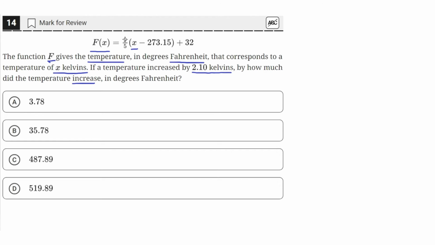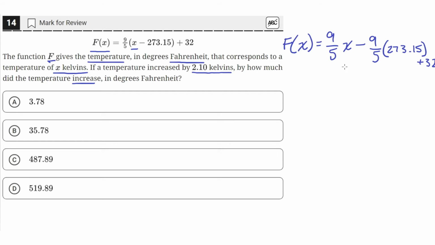So we can distribute out this 9 over 5 to these two terms. So this new function, f of x, would look like 9 over 5 times x minus 9 over 5 times 273.15, and then the plus 32.